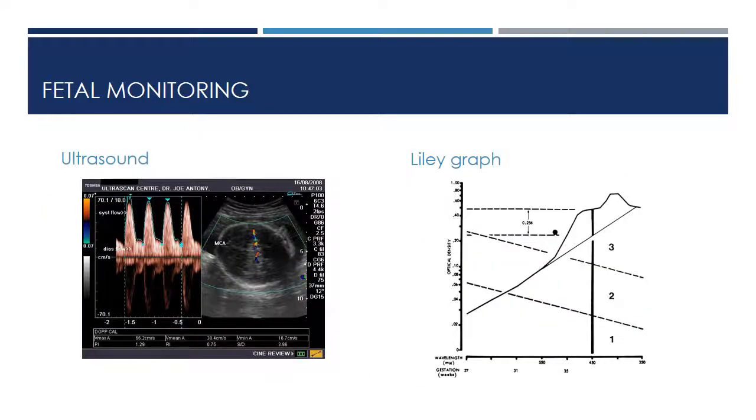Now, these are just pictures of the ultrasound monitoring that you would see, which, I'm not a radiology tech, I have no idea what those mean, but they're very pretty, very colorful. But the Liley graph there is one example of how we plot those bilirubin levels out of an amnio fluid, okay?